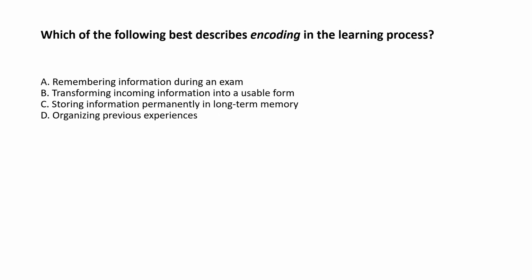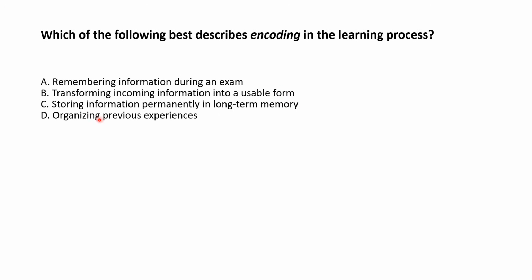Which of the following best describes encoding in the learning process? So as you said, encoding is taking in information. So let's see which of them best fits encoding. Remembering information during examination. This one is talking about retrieval. Transforming incoming information into usable form.